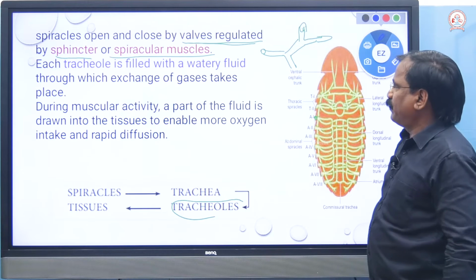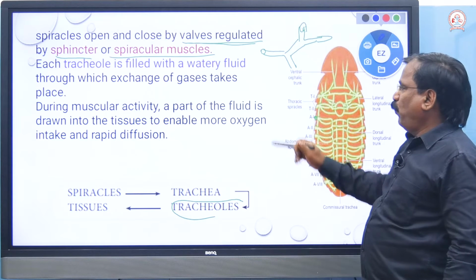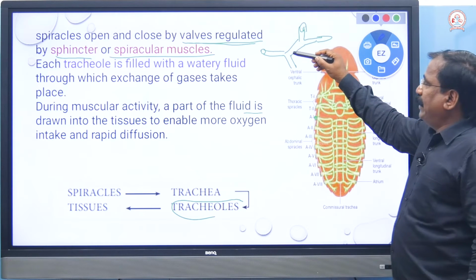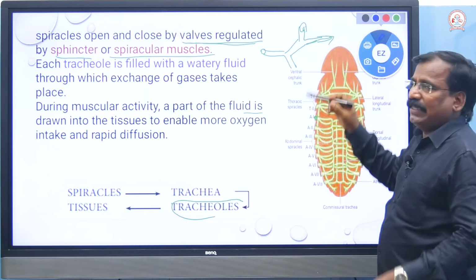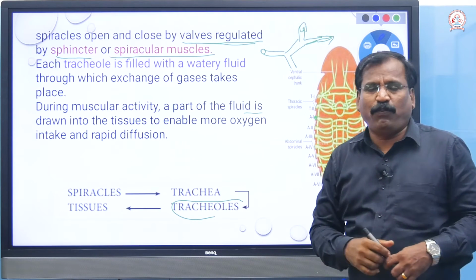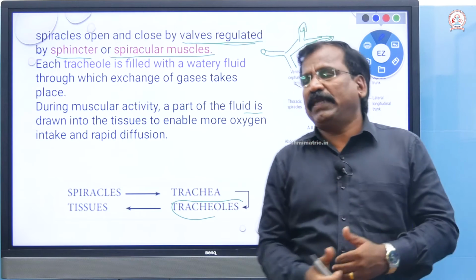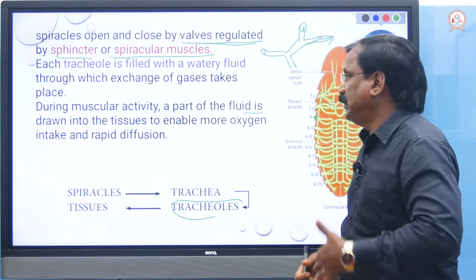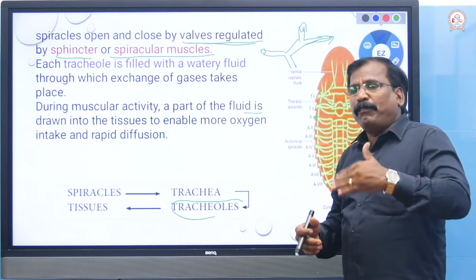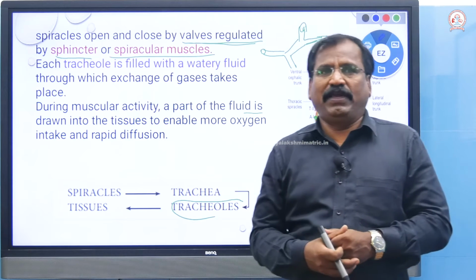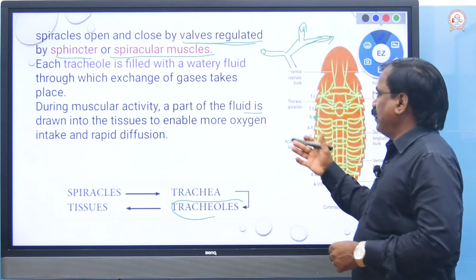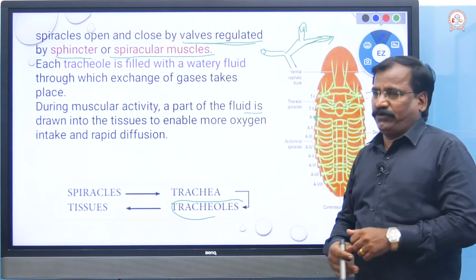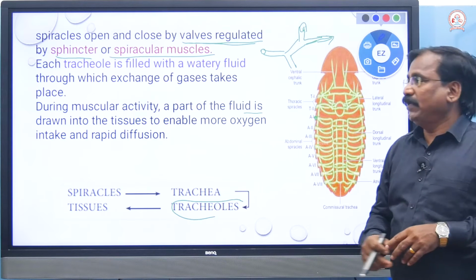When air enters the tracheoles, that fluid moves, and this is responsible for the diffusion of oxygen. It enables the oxygen to diffuse, a rapid transfer. The penetration of the respiratory gases is because of the fluid filled in the tracheoles, the minute branching tubules.